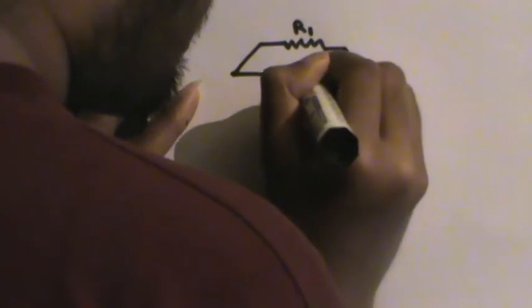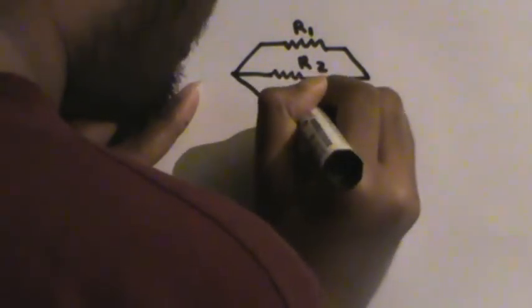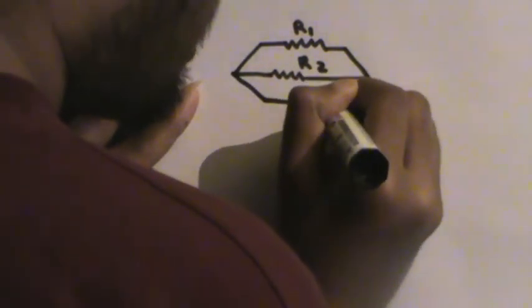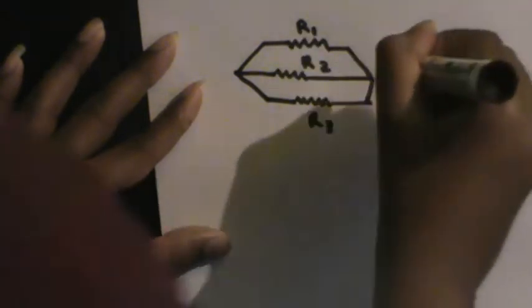This is a wire connected to a resistor of resistance R1, and the two ends of the wire are again connected to another wire with a resistor of resistance R2, and these two ends are again connected to another wire with a resistor of resistance R3. And the two ends of all these resistors now share common points.